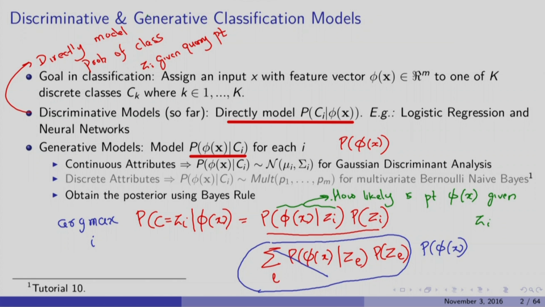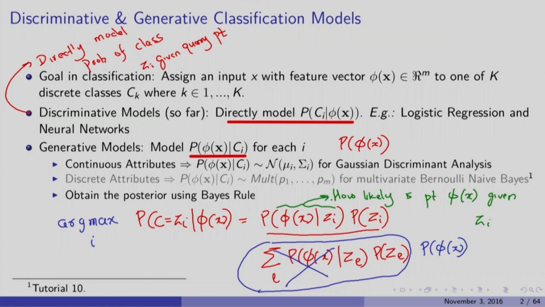So you could actually ignore the denominator because it is anyways independent of the class I. The probability of a point given Zi or Ci could be modeled based on whether the attributes are continuous or discrete.